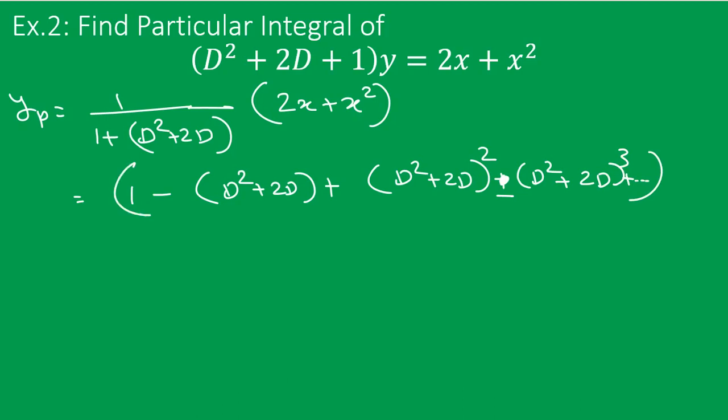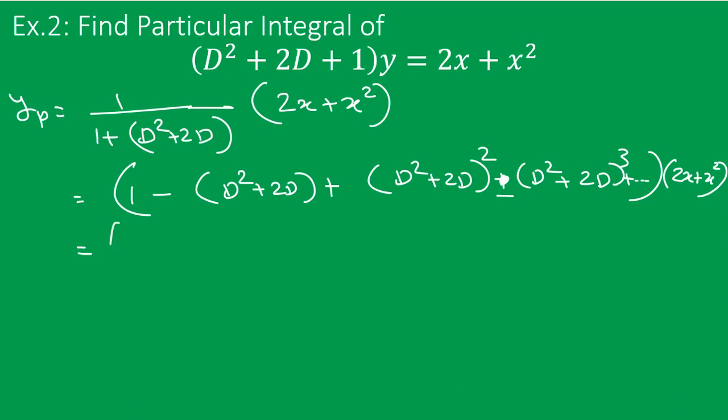This operates on 2x plus x square. Now we have to consider the terms of powers of d up to 2, because again we are having the highest power of x as 2.